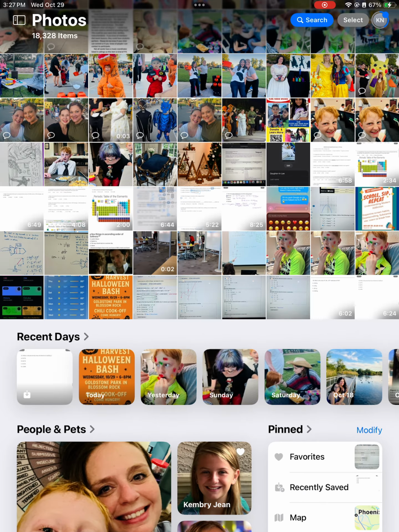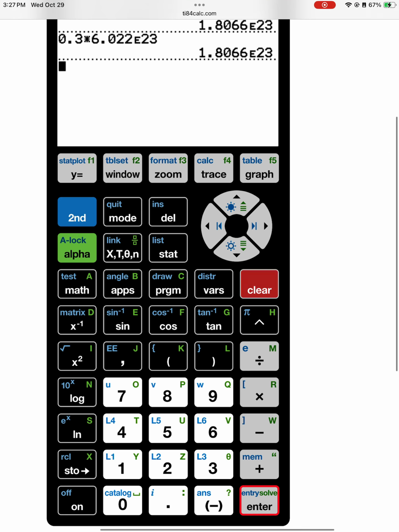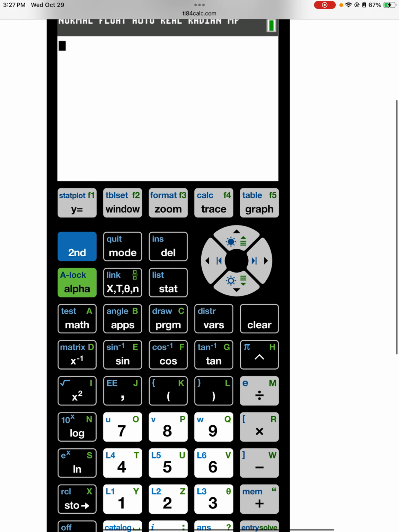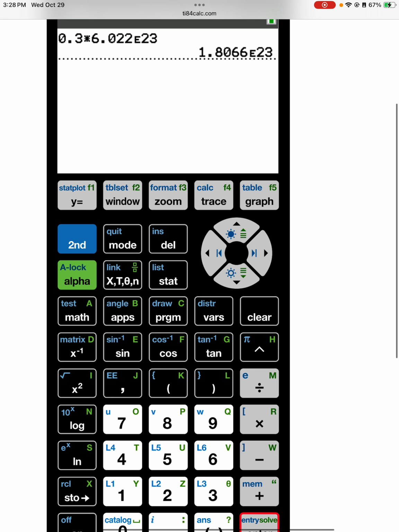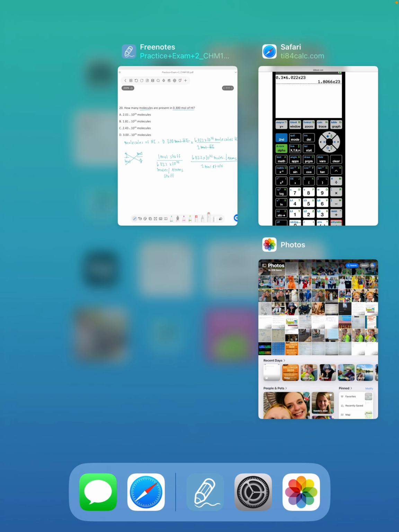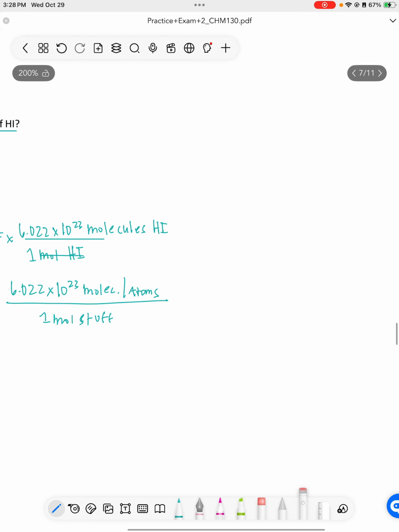I'm going to go to my calculator, and we are going to type in 0.3 times Avogadro's number, and we get 1.8066.